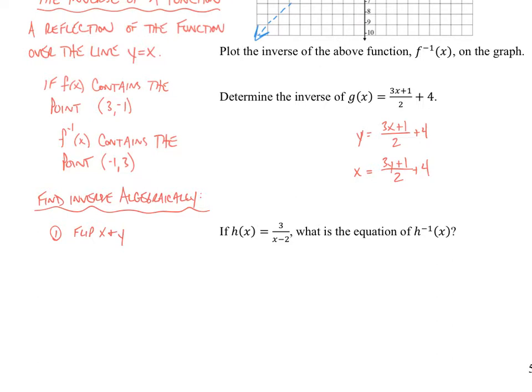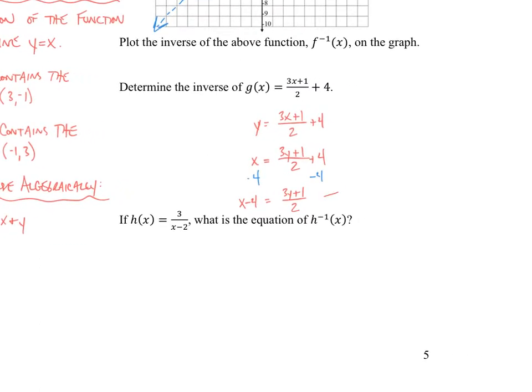And now if I want this equation, I need to get y alone, because our equations usually say y equals, right? So I'm going to get y alone now. I'm going to start by subtracting 4. All right, now I have x - 4 = (3y + 1)/2. I'm going to continue this over here. To get rid of this denominator of 2, I'm going to multiply both sides by 2.